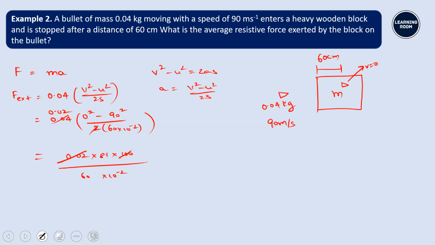So 0.04 into 100 is 4, and 4 into 81... this and this will get cancelled. This will go 9 times, this will go 10 times. So 900 divided by 10 is going to be 90 Newton. So the resistive force that acted on the object was 90 Newton.